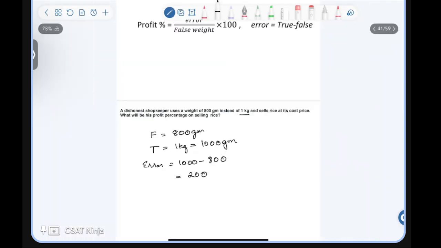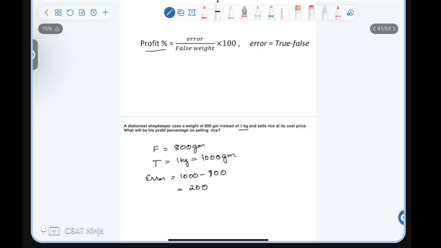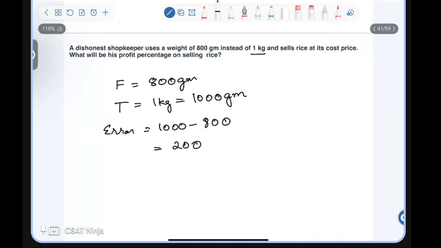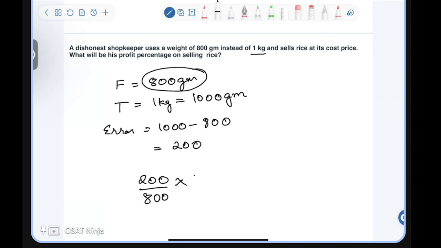And the formula was what? We were asked to find the profit percentage here. So profit percentage is error divided by false weight into 100. Error here is 200, divided by false weight, which is 800 gram, into 100. There is an error of 200 and the shopkeeper is using the false weight of 800.